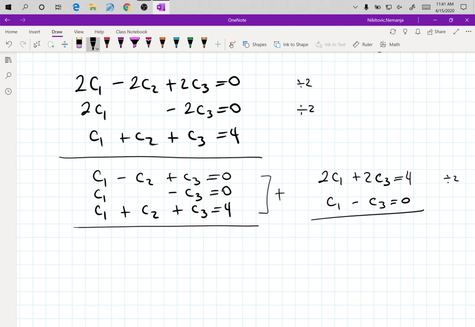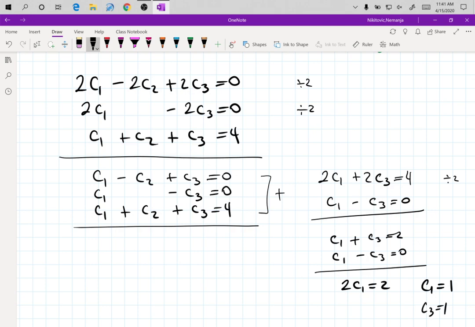Then you divide this equation by 2 to get C1 plus C3 equals 2. And C1 minus C3 equals 0. 2C1 equal to 2. C1 equals 1. If C1 is equal to 1, then C3 also must equal 1, so they can create a 0.